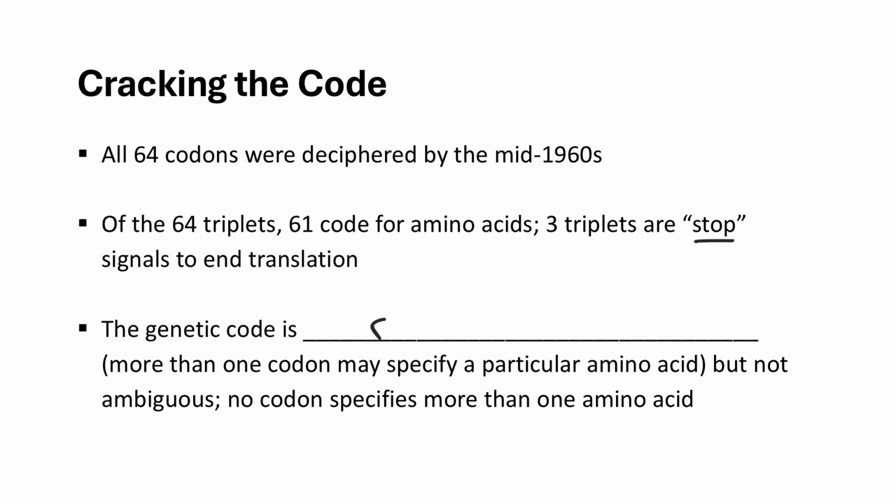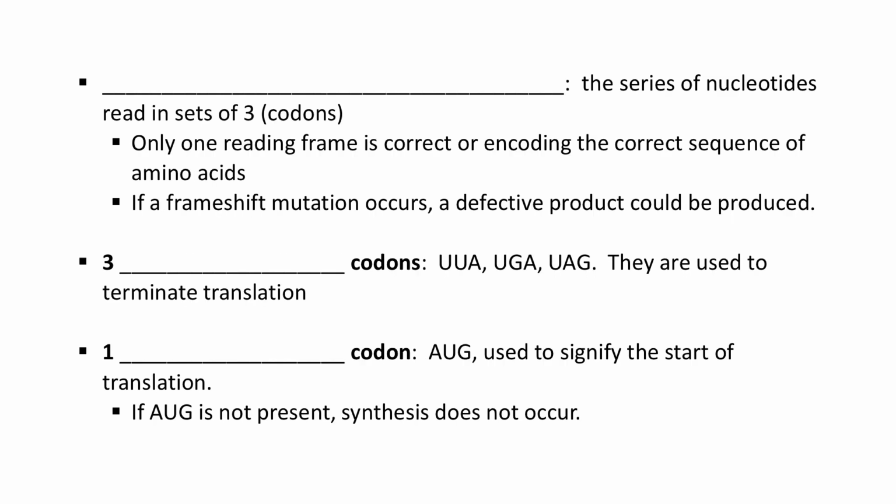The genetic code is redundant. What this means is that more than one codon may specify a particular amino acid. But it is not ambiguous, so no codon specifies more than one amino acid. So the way we read these nucleotides in these sets of 3 in these codons is referred to as the reading frame.